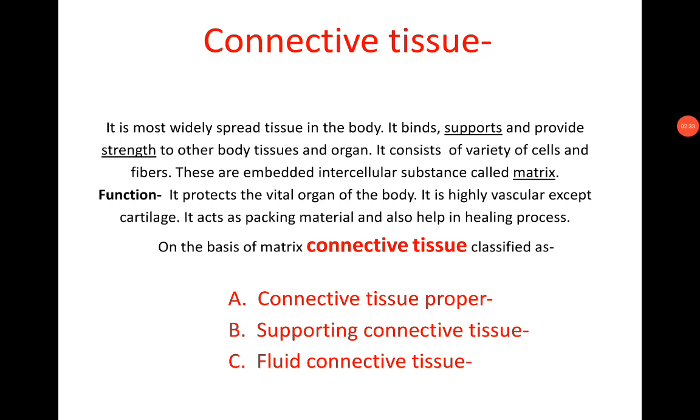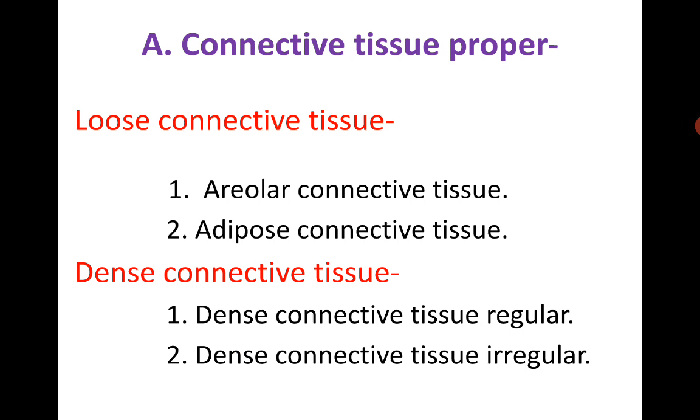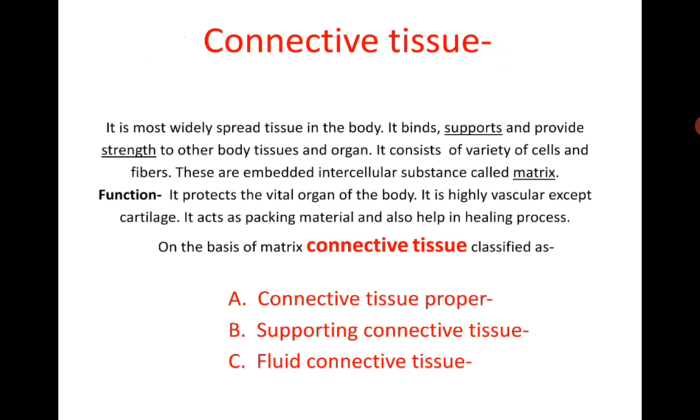In connective tissue, the first part is connective tissue proper, and its loose and dense connective tissue types are completed. The second part of connective tissue is supporting connective tissue.